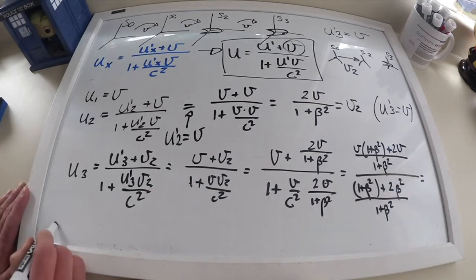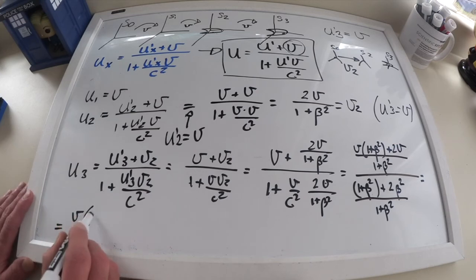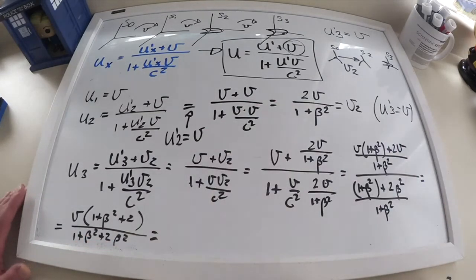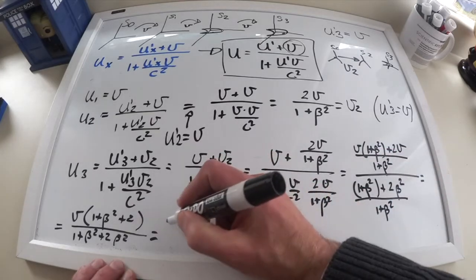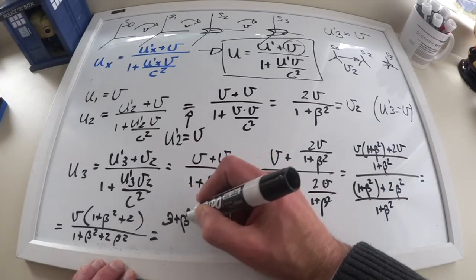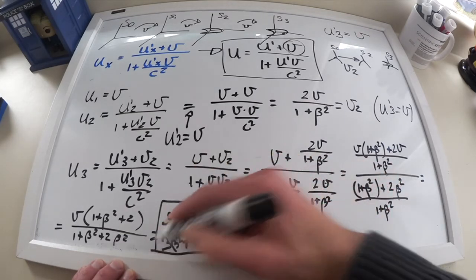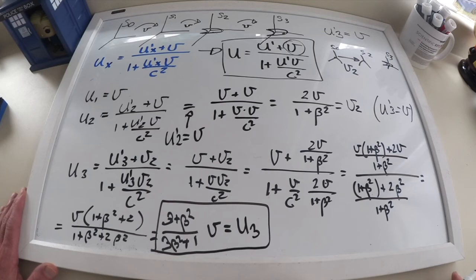I will write it down here. And now this is getting simplified, so this is 3 plus beta squared, and this is 3 beta squared plus 1. So that is the velocity that the spacecraft will have when it is in this reference frame 3 after the third boost as seen from the Earth.